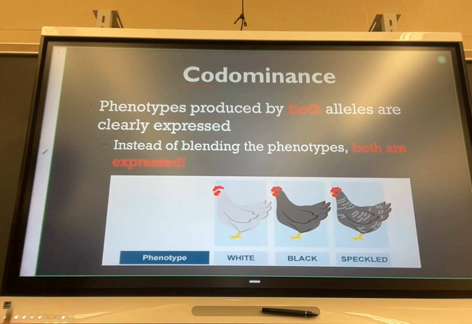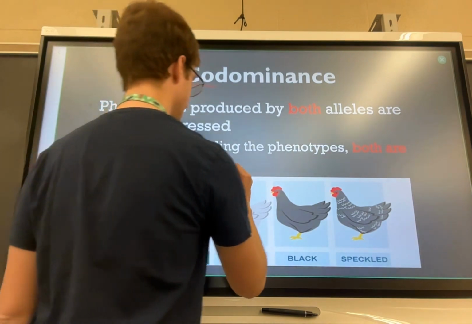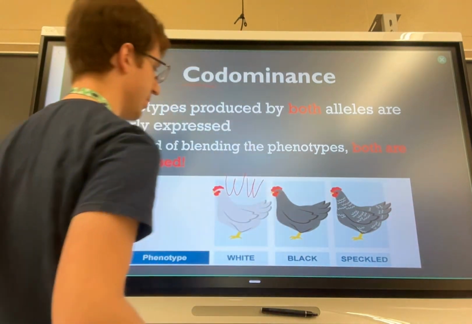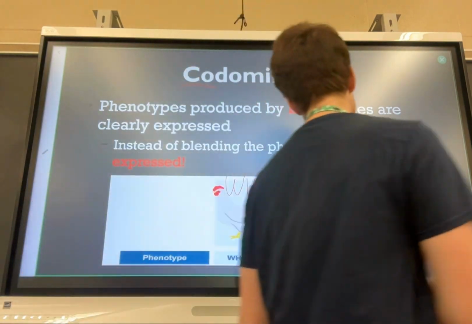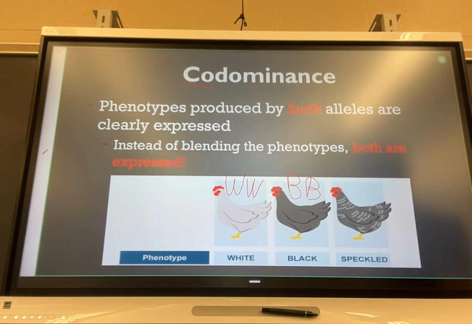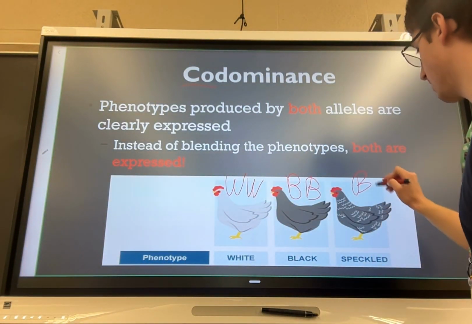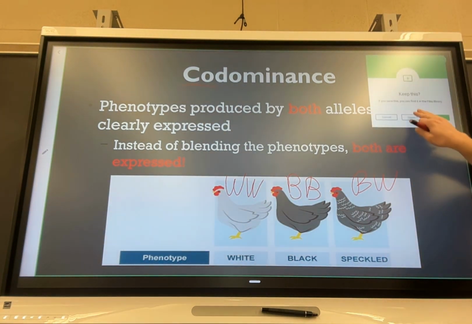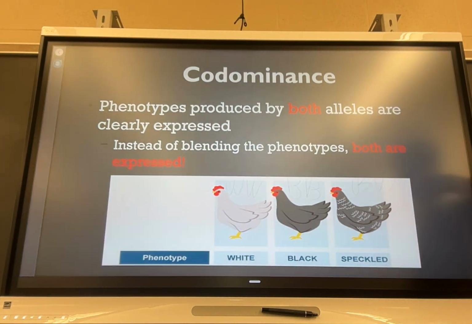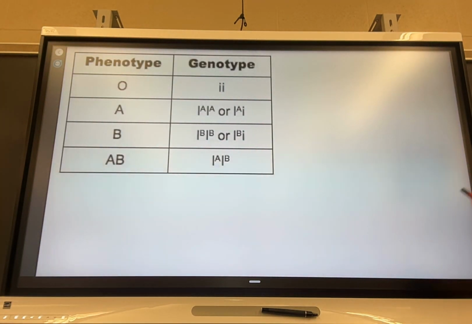So if we have a white chicken and a black chicken, let's say that white is, we'll call this big W, black is big B. A speckled chicken is going to have 1 of each trait. So we can see this in blood typing.